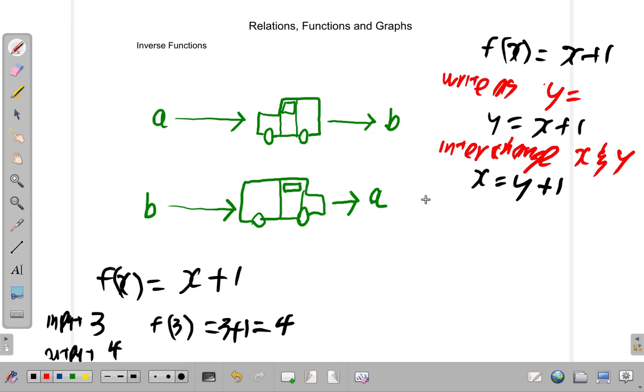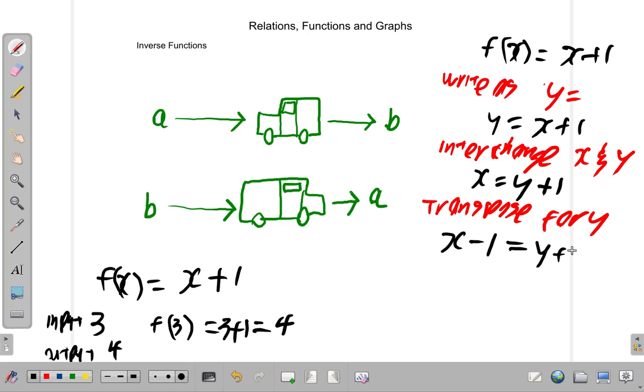Then the next thing, you transpose for y. You make y the subject. In this case, you have x equals y plus 1. What you can do is subtract 1 from both sides. So on the left you have x minus 1 equals, you're going to have y plus 1 minus 1. But the 1 minus 1 is 0. So you don't have to worry about the 1 anymore.